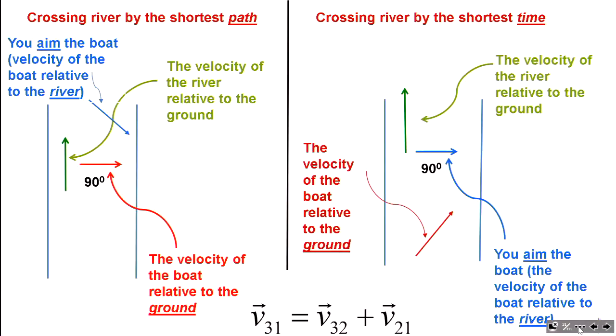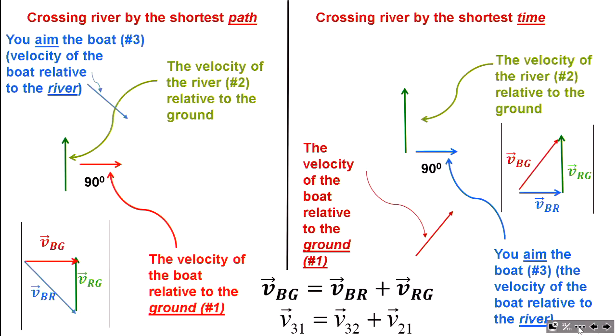When we draw arrows, we just must be able to say the exact meaning of each arrow. That's it. The velocity of the boat relative to the ground is this. The velocity of the boat relative to the water is that. The velocity of water relative to the ground is this. Then we draw a triangle, and the triangle allows us to calculate anything we want to.